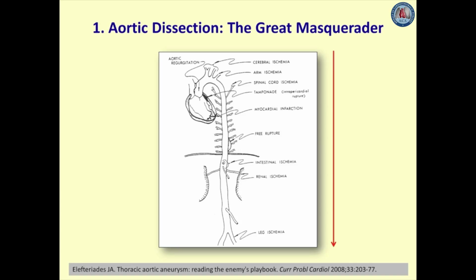For type B dissection, it's especially important to keep in mind that it can present as an abdominal catastrophe from ischemia of the kidneys or intestines. This disease really is the great masquerader, and it requires a high index of suspicion and a recognition of this possibility of masquerade as a primary abdominal phenomenon.